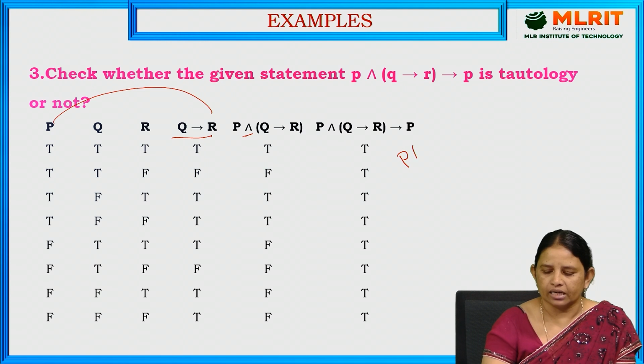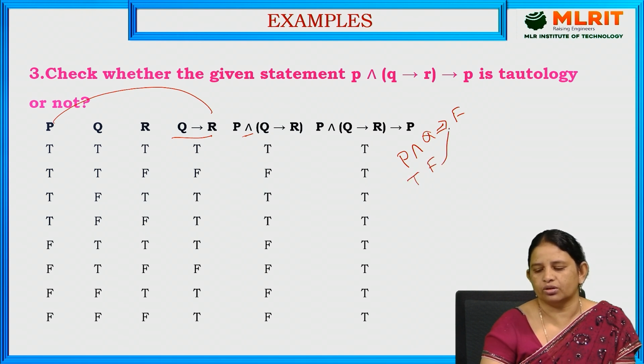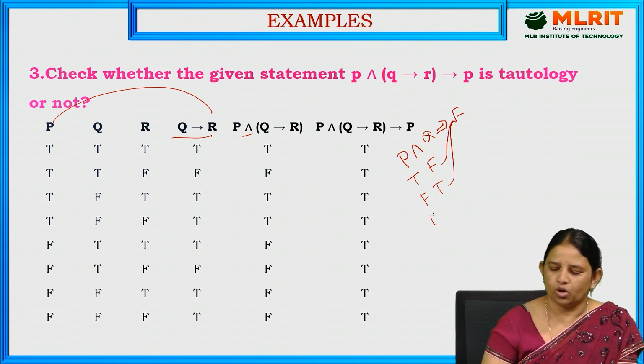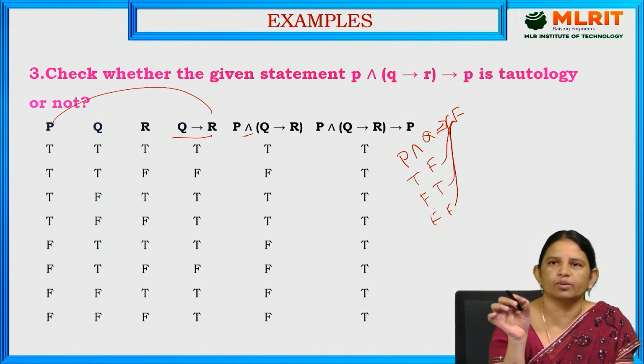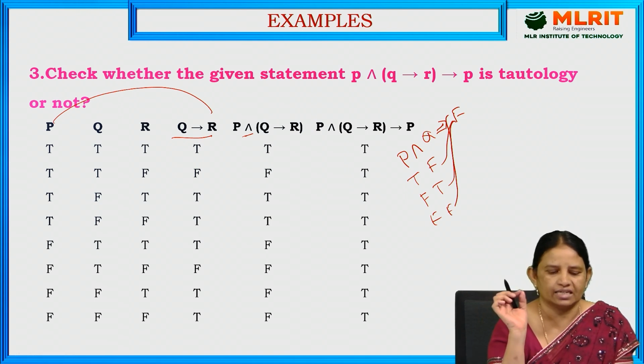P and Q returns true only if both propositions are true. If any one of the propositions is false, or both are false, it returns false. For all the remaining combinations, it returns a false value.